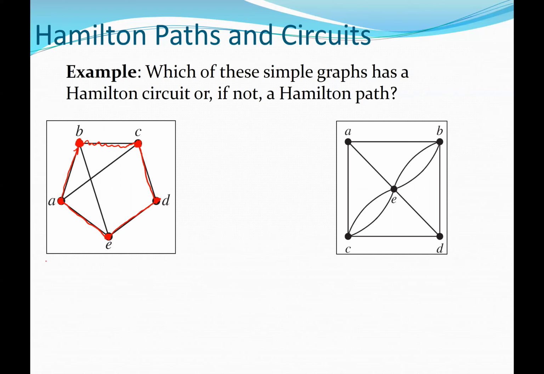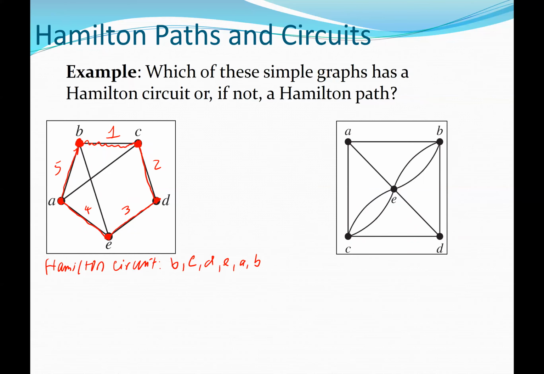So let's have a Hamilton circuit: B, C, D, E, A, and B. With a Hamilton circuit, you only worry that you travel through each vertex exactly once. You can see that, right? So 1, 2, 3, 4, 5, every vertex exactly once.